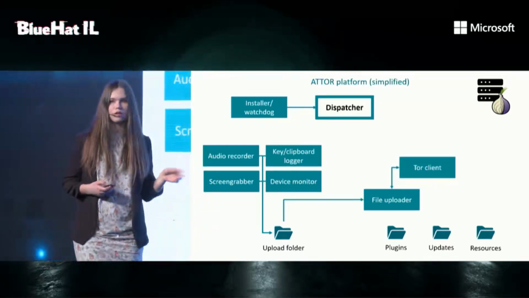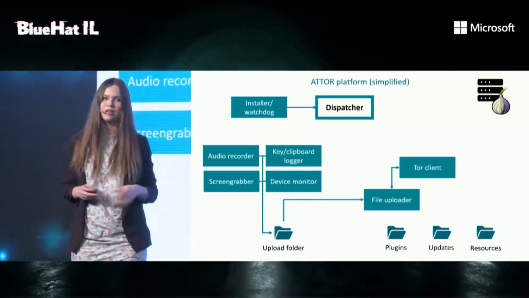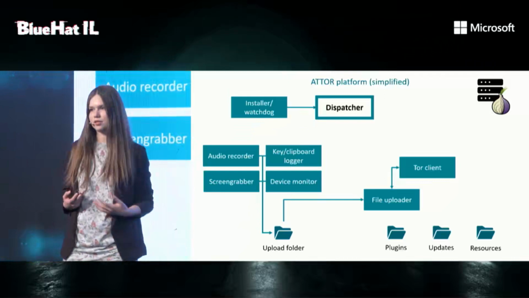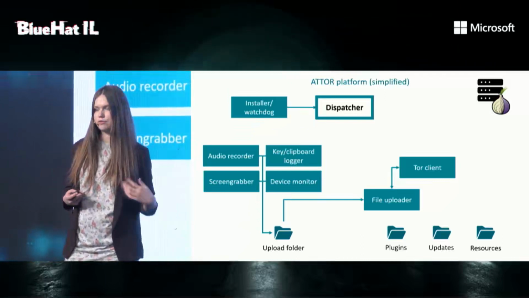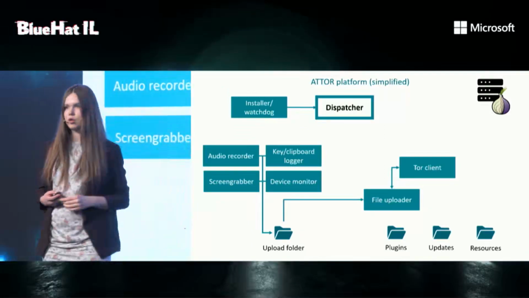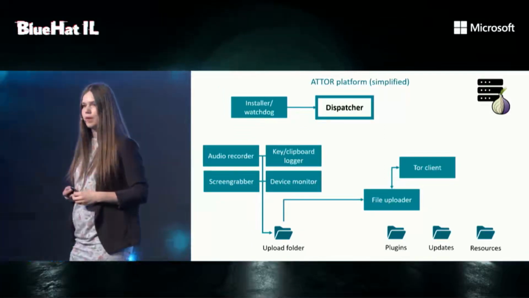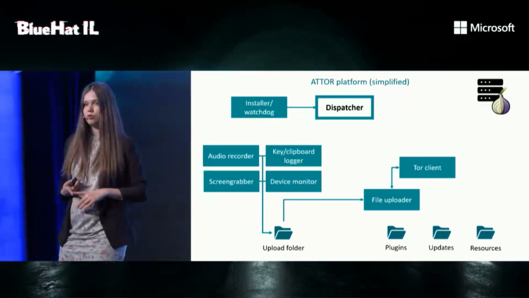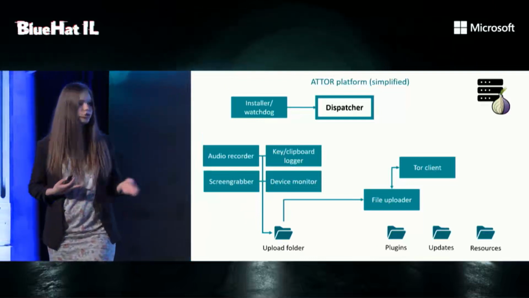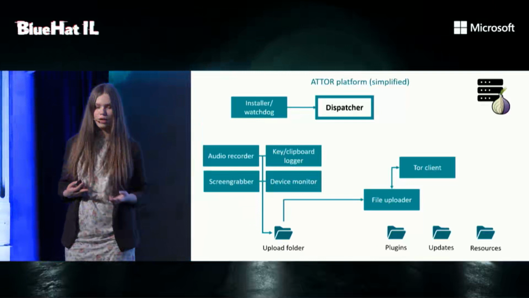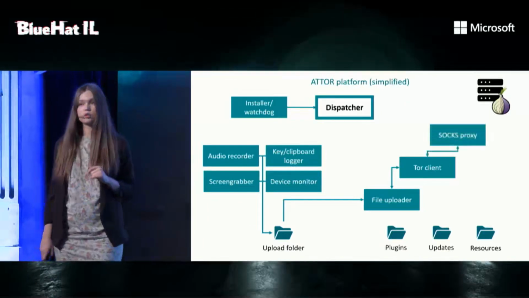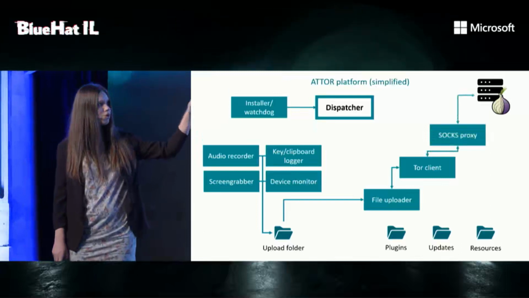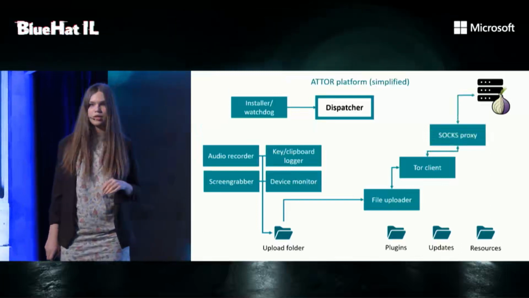This is not the standard Tor.exe process, but a customized version, because ATTOR uses a specific interface for all of its plugins, but it is based on Tor. And this one makes sure that it resolves the onion domain, and it generates the circuit and then encrypts the data. And then it uses the last plugin, which is a SOCKS proxy, that would then contact the server directly.